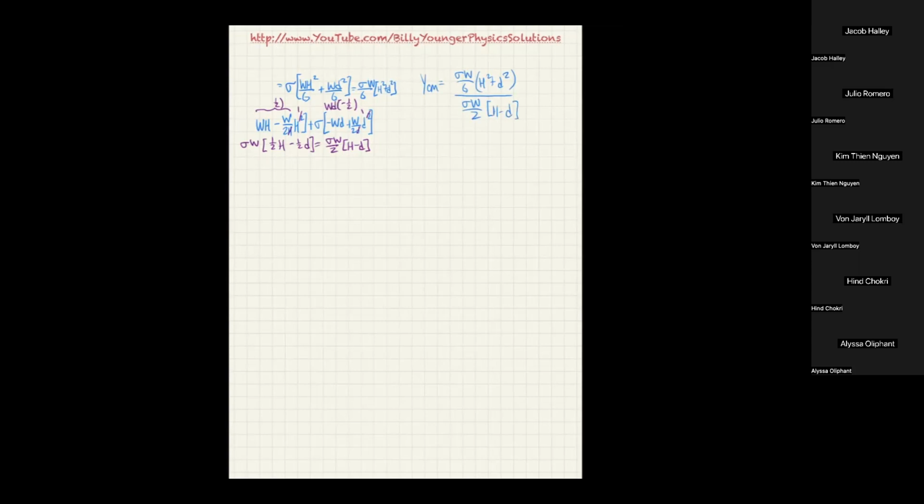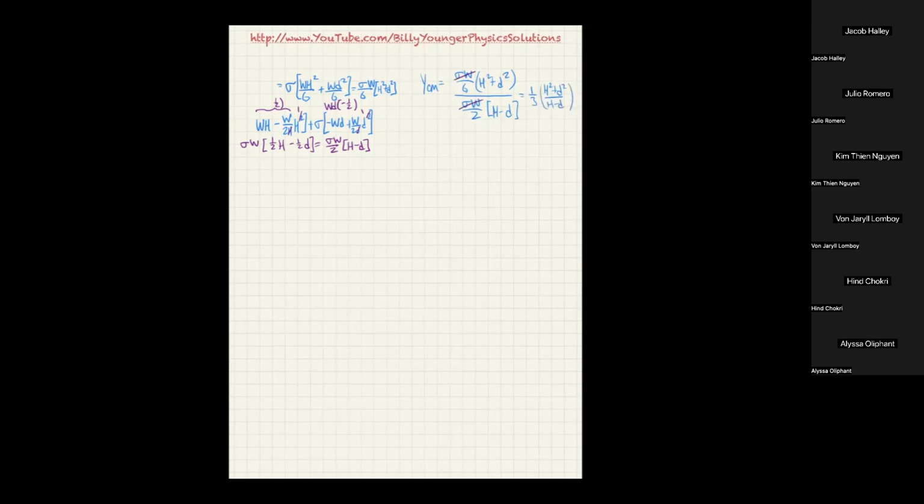Now, I did all this with symbols, but we can put the numbers in, and this will make it a little bit more straightforward. The main thing we're looking at here is the sigma w canceling out with the sigma w, and we're going to get 2 over 6, which would be 1 over 3, times h squared plus d squared over h minus d.